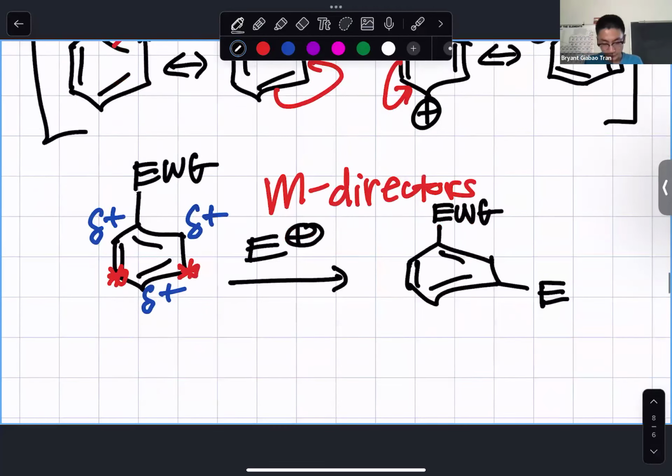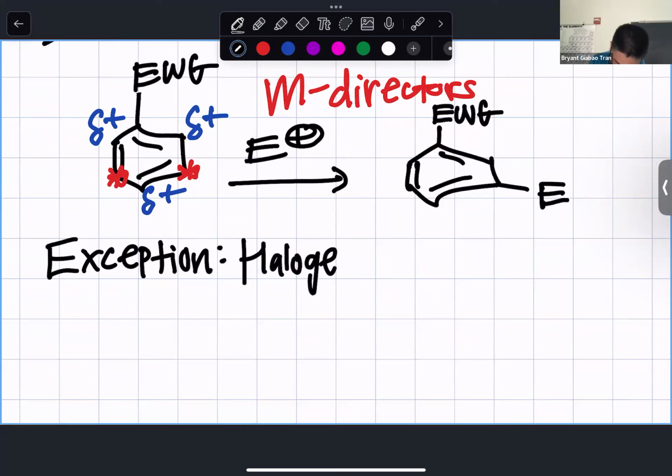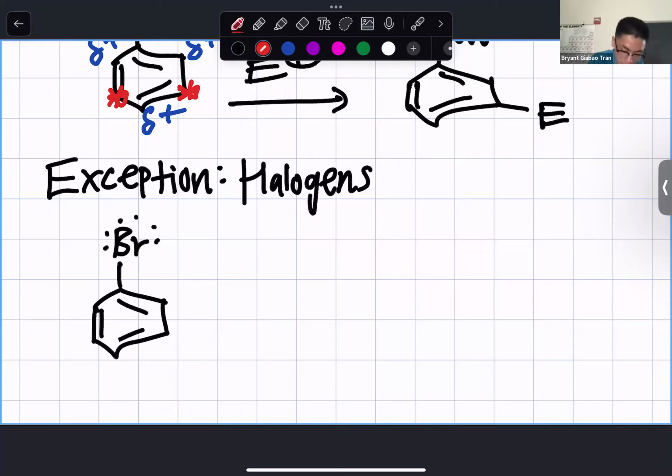Okay. Here's an exception: halogens. Let's say we have a benzene ring with bromine here. We know bromine has 3 lone pairs of electrons.